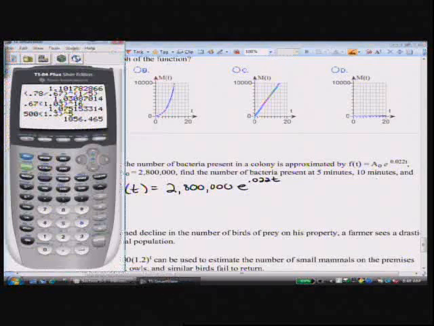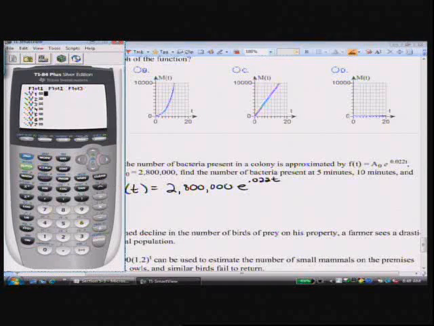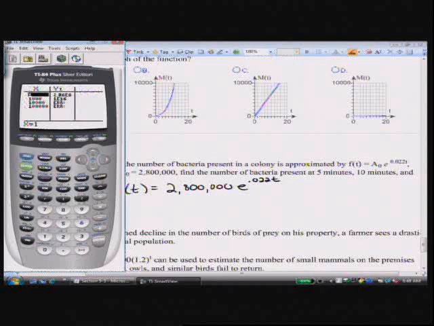So I'll go to y equals 2,800,000 and then e to the 0.022x. All right, and then if I just go to my table, I can type in the different numbers that I need, which would be 5 minutes, 10 minutes, and 60 minutes.